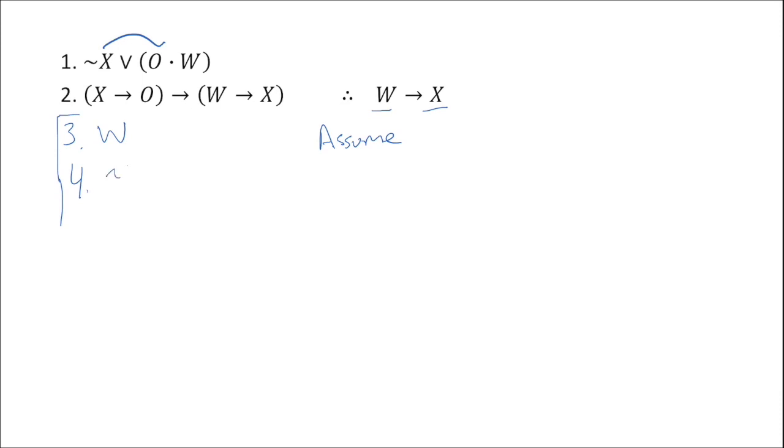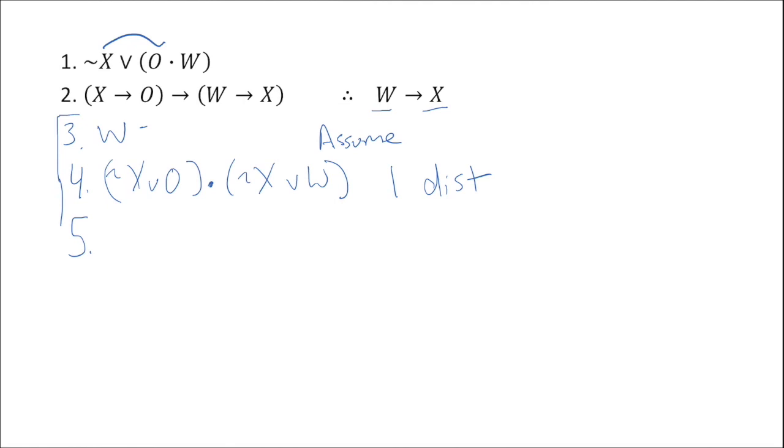So I'm going to try that. Tilde X v O dot tilde X v W from 1 distribution. And then I have W here.